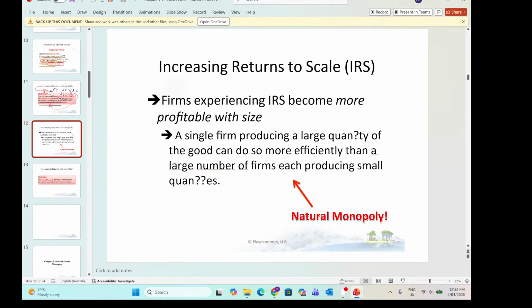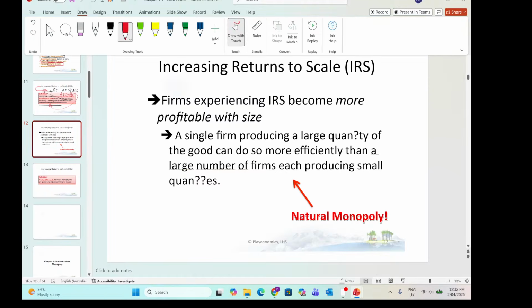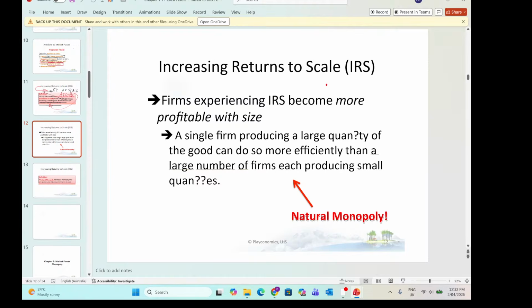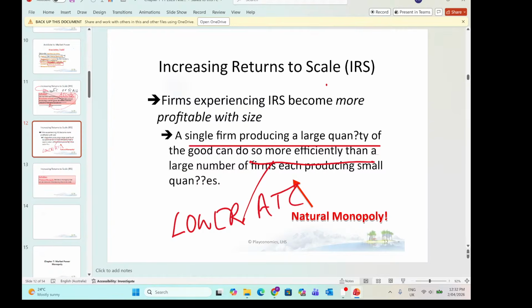We'll just read through this slide quickly, then I'm going to draw you a diagram. So there's our increasing returns to scale. A single firm producing a large quantity of good can do so more efficiently, right? Lower average total cost, versus a number of small firms competing.